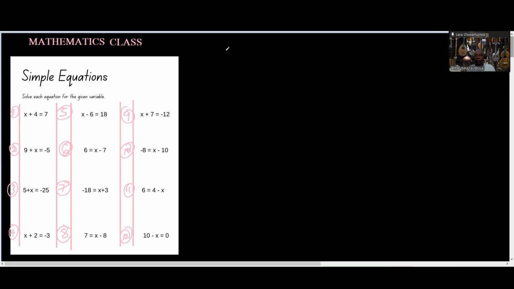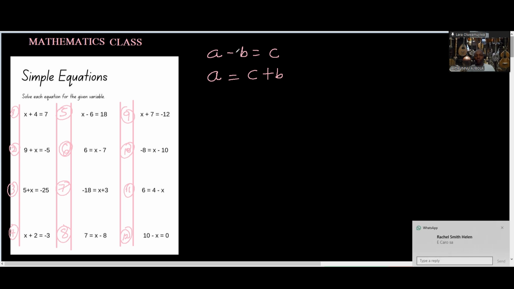Then if you have, let's say, A minus B equal to C, if the B must go to the other side, it must become A equal to C plus B. The B will be positive because it was negative.